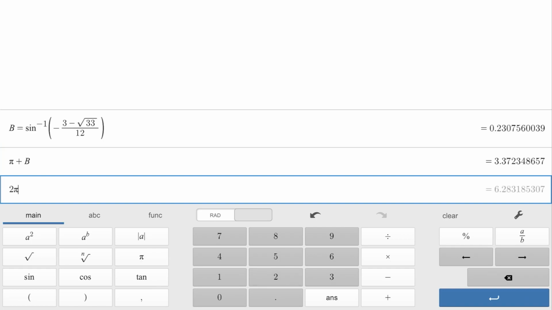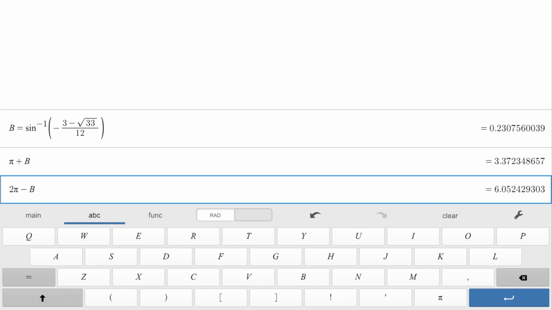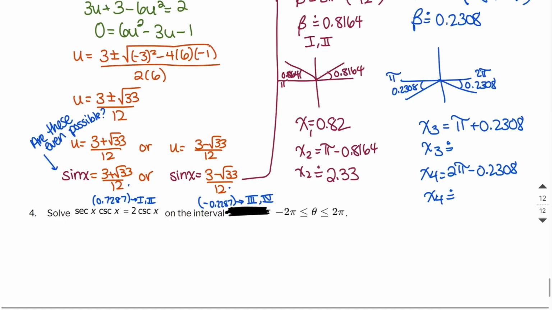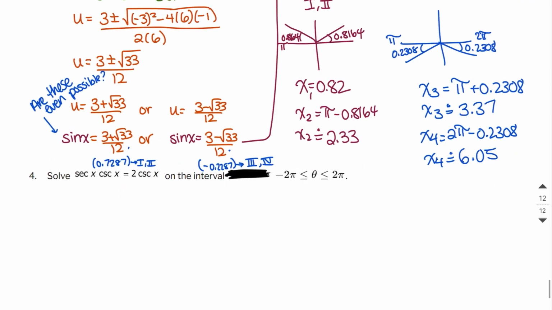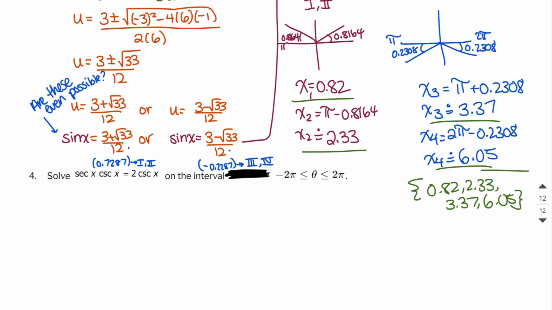And then my second answer would be 2 pi minus beta, or 2 pi minus 0.2308, and that would be 6.05. So that means that my answers are 3.37 and 6.05. So now if I were to write all four of my answers in numerical order, they would be 0.82, 2.33, 3.37, and 6.05 radians.